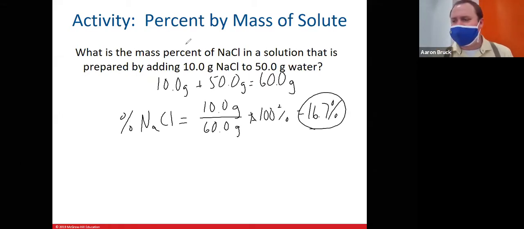All right, we all seem to be on relatively the right track there. So first thing that we had to do, had to add together the two masses to get the total mass, then take the ratio to three significant figures. This would be 16.7%.